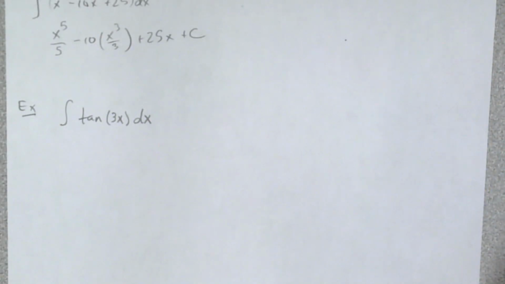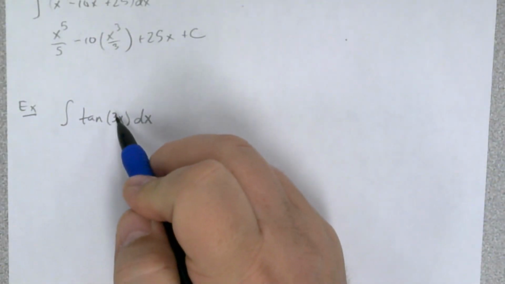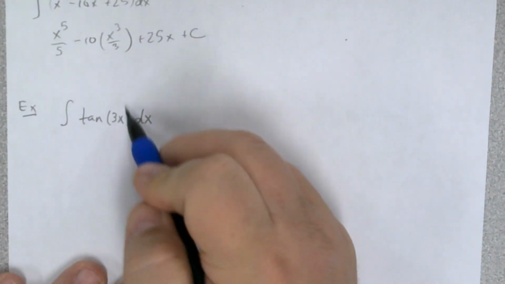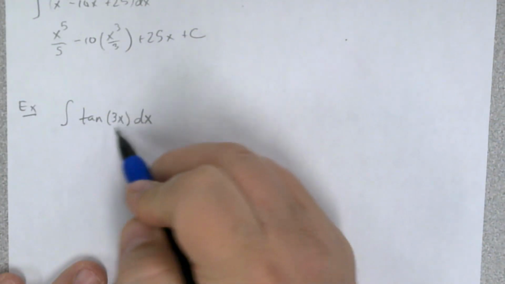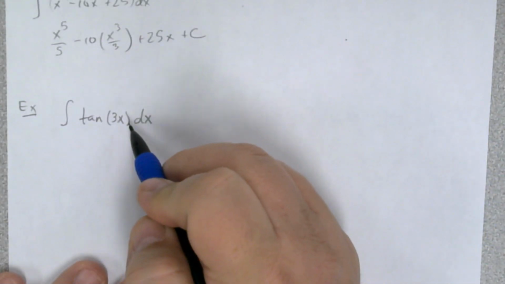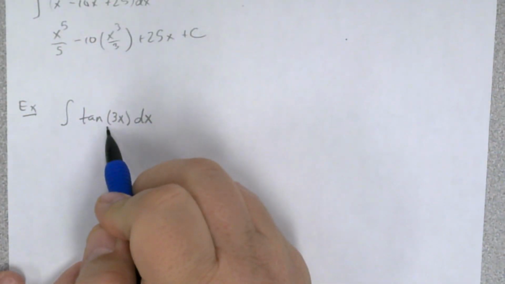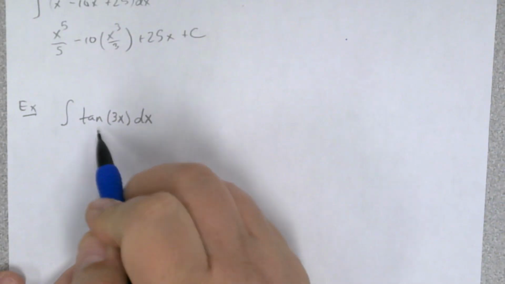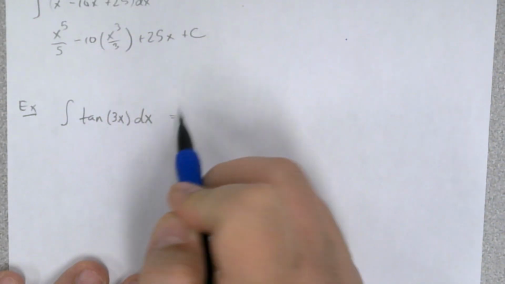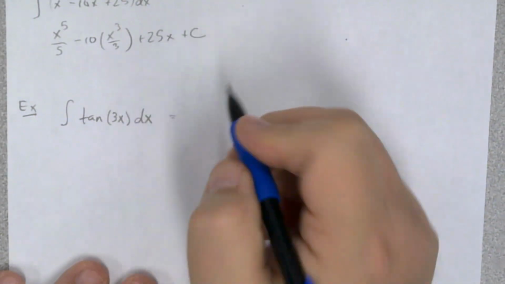So normally what we would do is, we would usually use substitution, with u being the stuff in the parentheses, which would be the 3x. But in this case, I don't have a rule, let's say, but I can do trig identities to change what this looks like. So this right here, tangent is sine over cosine, the quotient identity.